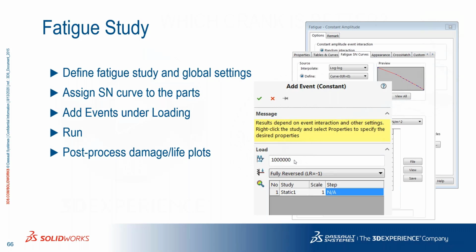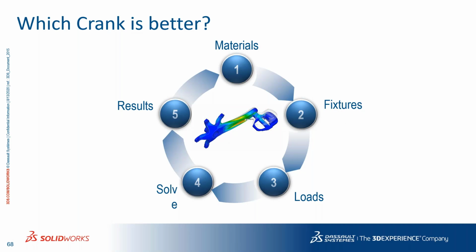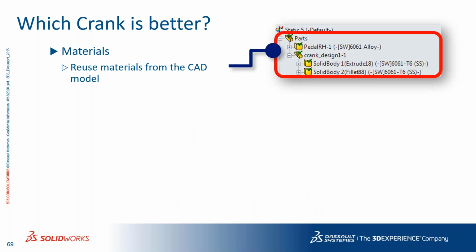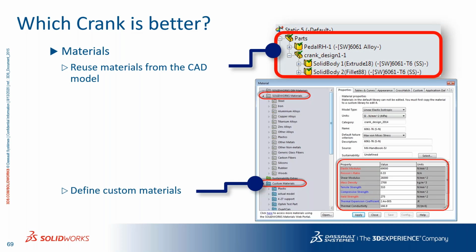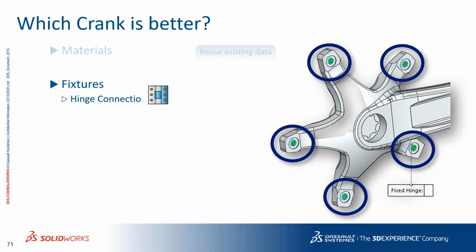I'll just show you one example on this crankshaft, and which design is better when you consider the fatigue analysis. Different materials, fixtures, and loads we are going to solve here. First we are going to use the materials which are already available. You can include custom materials also. The fixtures are the same as the existing ones you're seeing here.